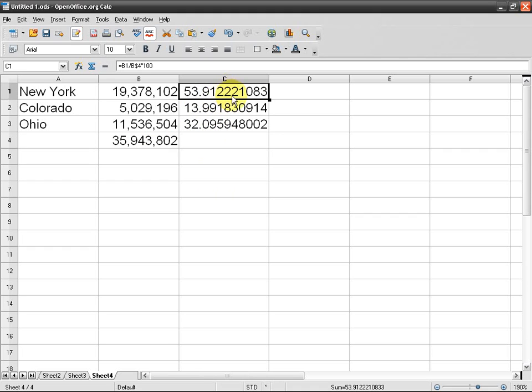So I'm going to say it again. When I am in C1, I say B1, which means the cell to the left, divided by the cell which is 1 to the left and 3 down.